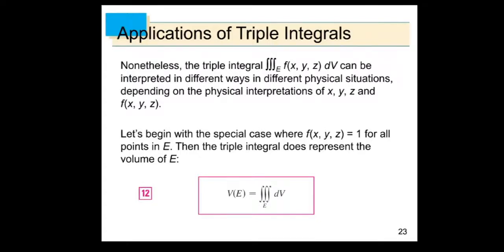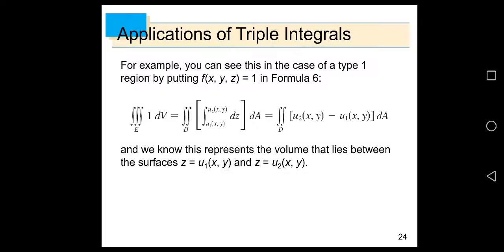So here we can see that the volume of E is equal to the triple integral over E of dV, right? That is our equation number 12. For example, you can see this in the case of a type 1 region by putting f(x, y, z) equal to 1 in formula 6, remember.